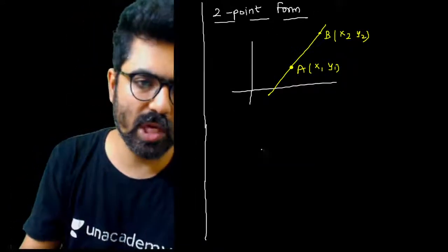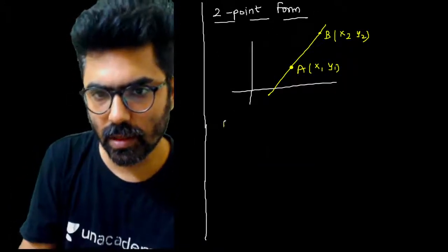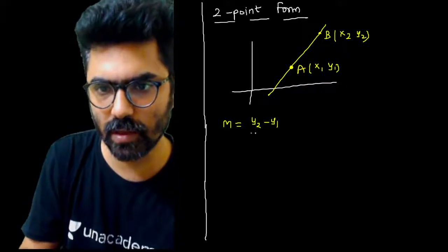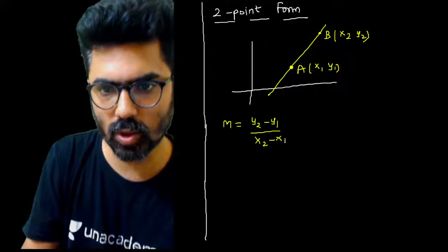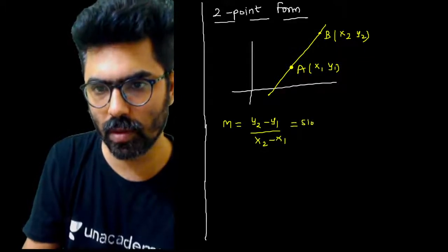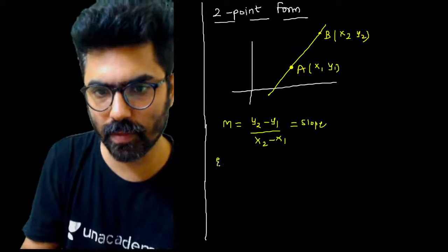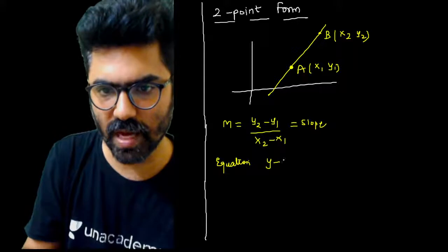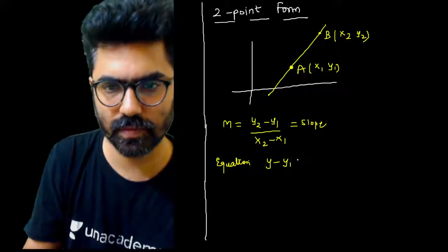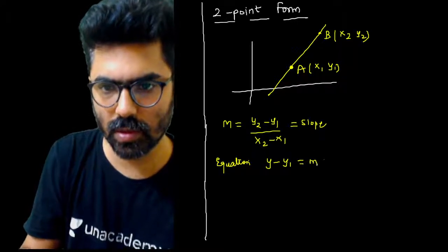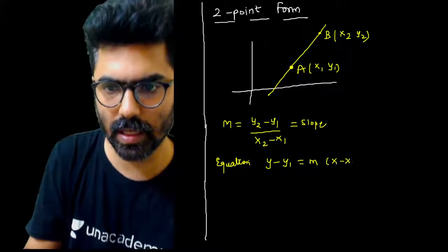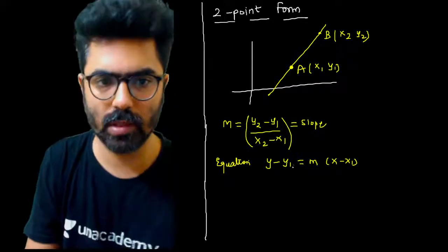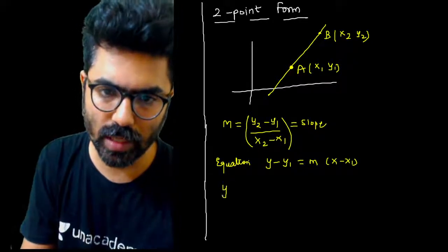Many of you must have understood that the slope can be found out from the 2 points: y2 minus y1 upon x2 minus x1. Now we already have the slope, so the equation will be y minus y1, the same equation, is equal to m times x minus x1. Here the m value is y2 minus y1 upon x2 minus x1, so we can substitute that.